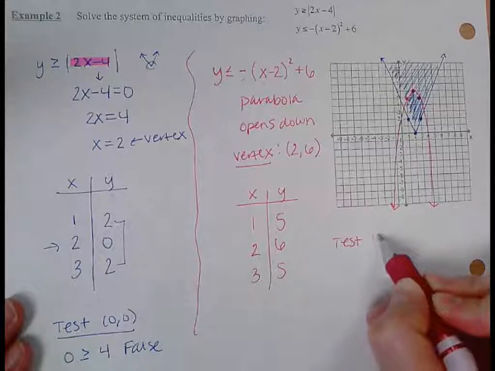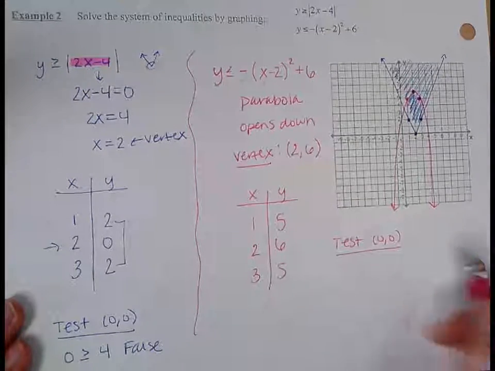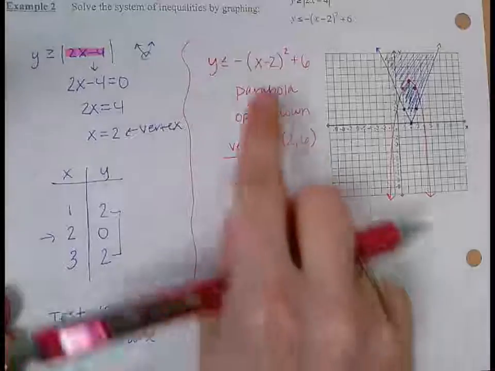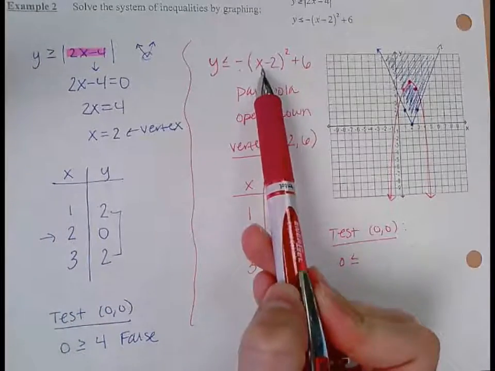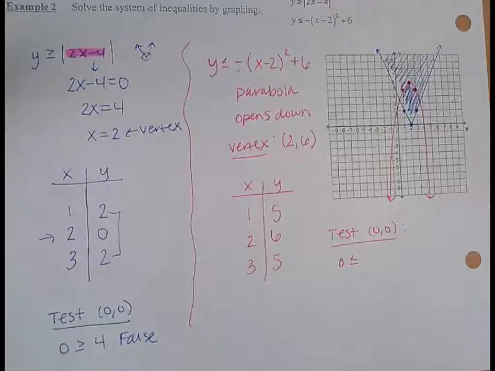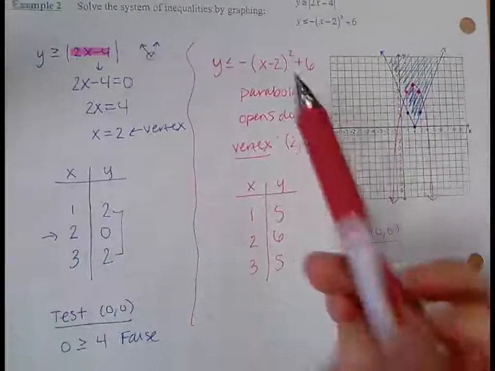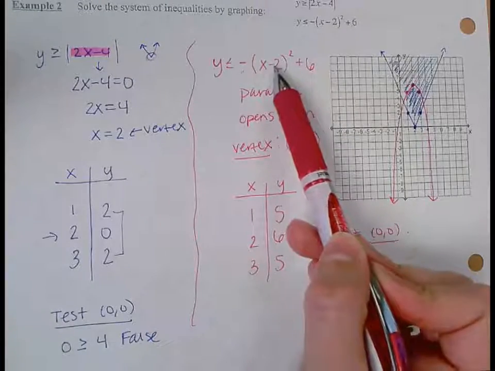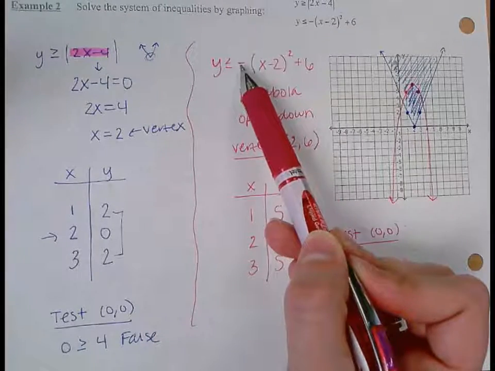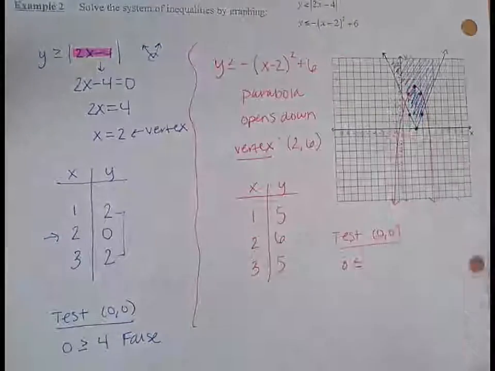So if we test 0, 0, we would have 0 is less than or equal to... If we put 0 in for x, we would get 0 minus 2 is negative 2. Negative 2 squared is positive 4, but the negative in front makes it negative 4. Negative 4 plus 6 is 2.